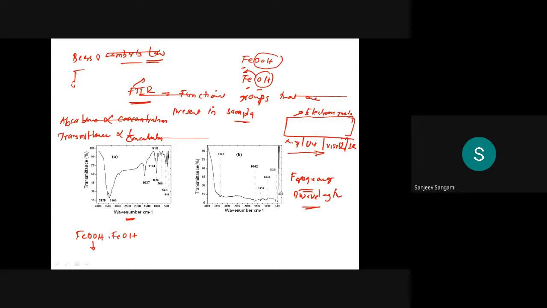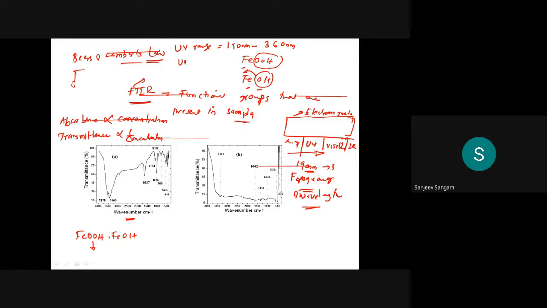Each of this electromagnetic spectrum, normally up to the UV region, starts from 190 nanometers wavelength. If you select the UV range, it will be from 190 nanometers to around 360 nanometers.